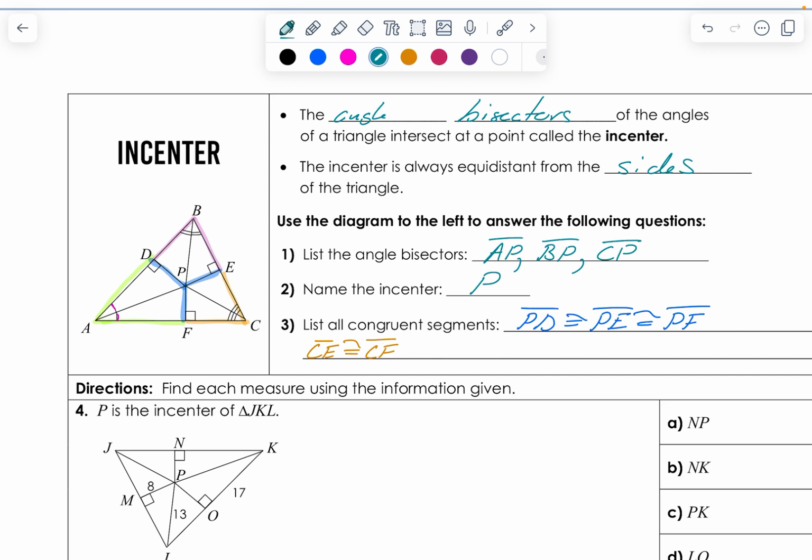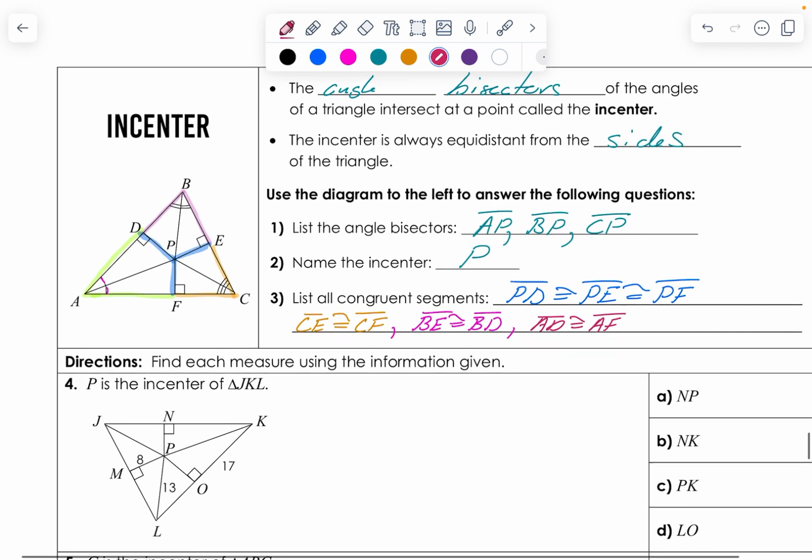And then we have, in another color, BE congruent to BD. And then we also have AD congruent to AF, those other ones I highlighted.